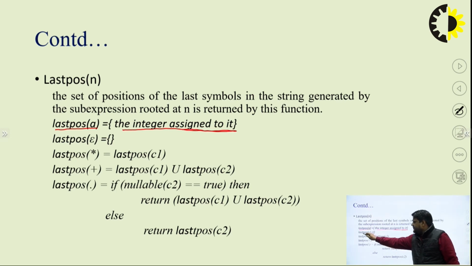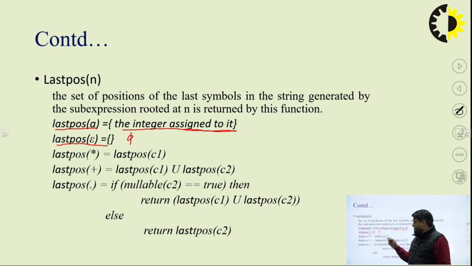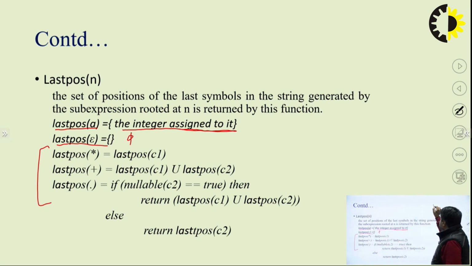If epsilon is a member of a syntax tree, then last position is null, an empty set, nothing will be the first and last position. If you think about the interior node, the last position of star, right?